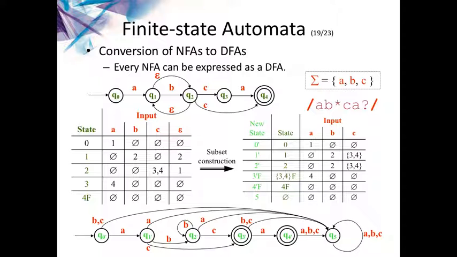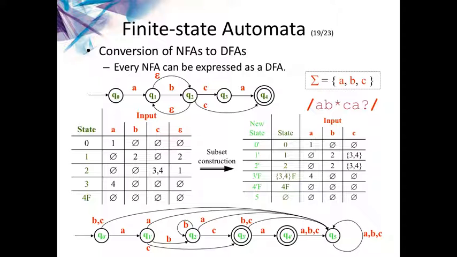Now, if you have a finite state automata that is non-deterministic, how will you get the deterministic one? Basically, by rebuilding the table. You're going to rebuild the table. So, when you're in a certain state and you get an input that will make you land in more than one state, you're going to create a new state that has more than one state.